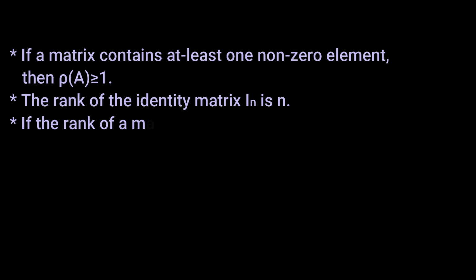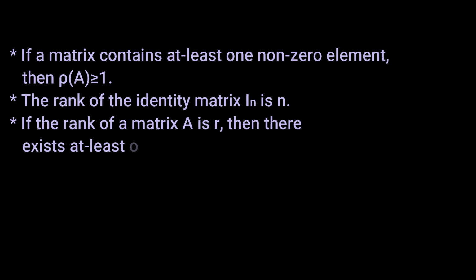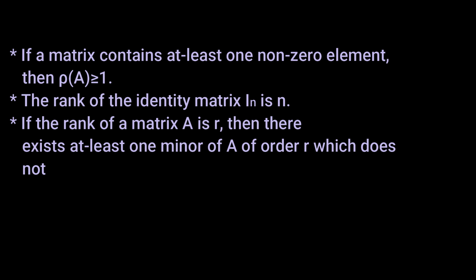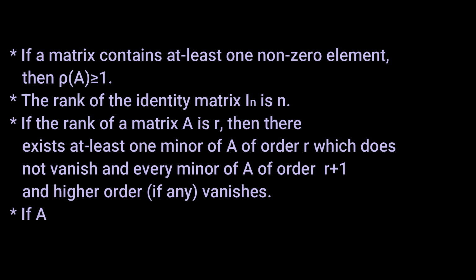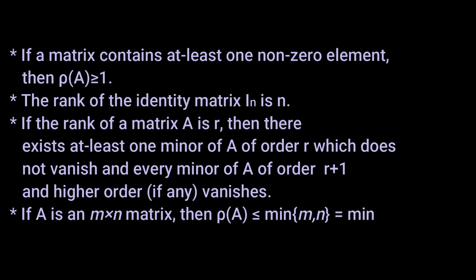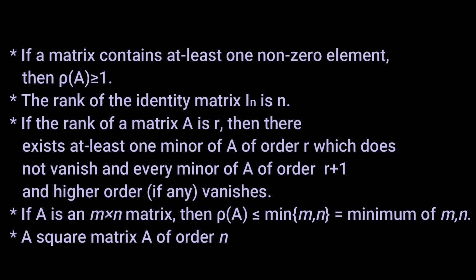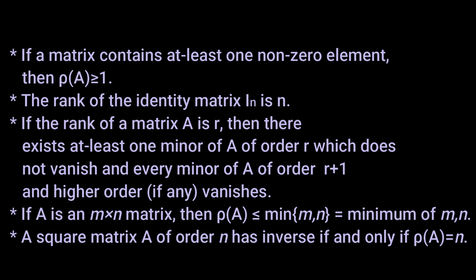Third, if the rank of a matrix A is r, then there exists at least one minor of A of order r which does not vanish, and every minor of A of order r+1 and higher order, if any, vanishes. Fourth, if A is an m by n matrix, then ρ(A) is less than or equal to the minimum of m, n. A square matrix A of order n has an inverse if and only if ρ(A) is equal to n.